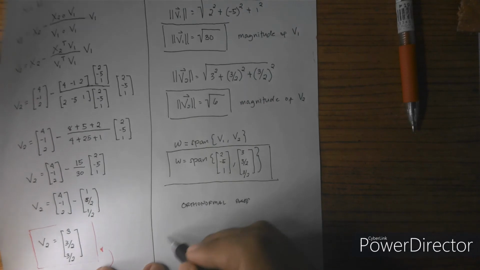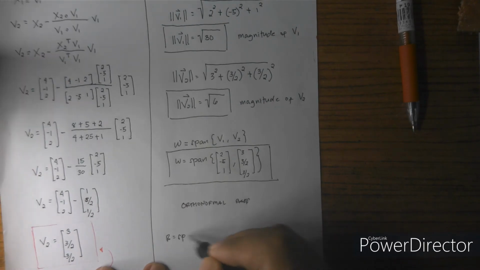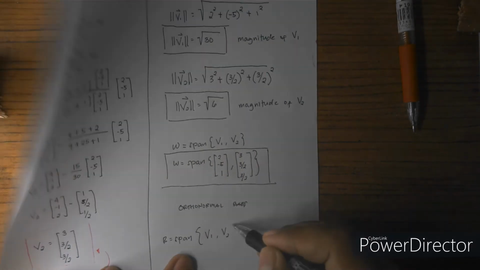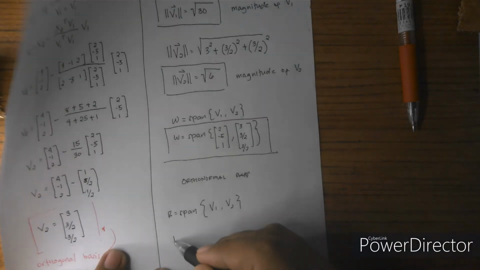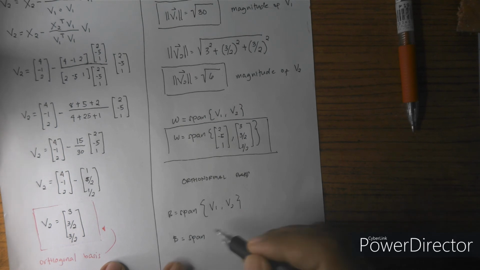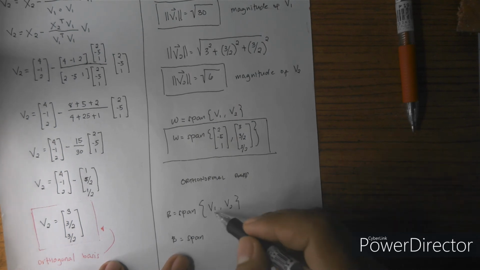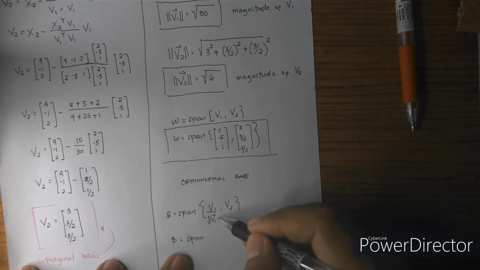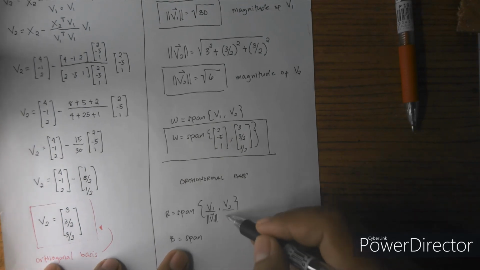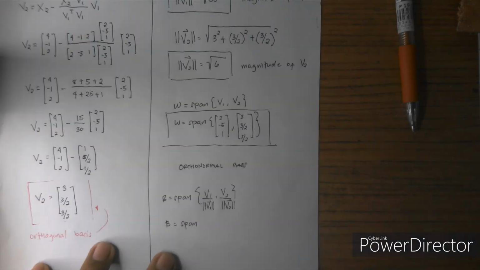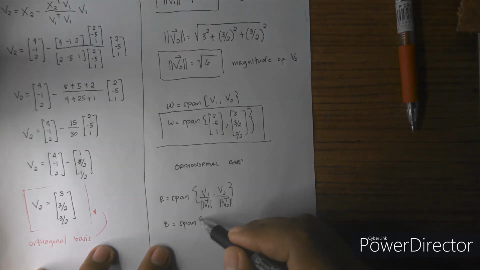So the span B is equal to v sub 1 and v sub 2, that is, v sub 1 over the magnitude of v sub 1, and v sub 2 over the magnitude of v sub 2. So that is the formula. Let us substitute the values here.